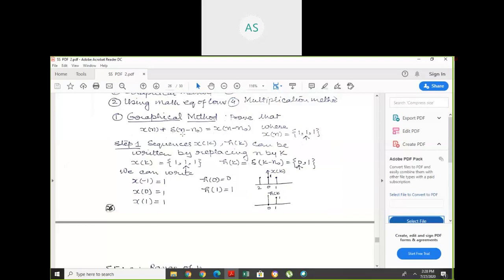Delta of n is replaced by k, giving delta of k minus n naught, and this is represented by 0, 1. Because this is an impulse function, it is the shifted version of the impulse function, where n naught is 1.